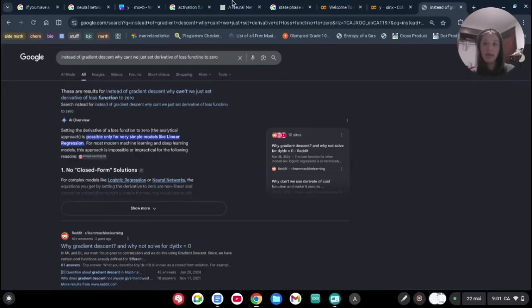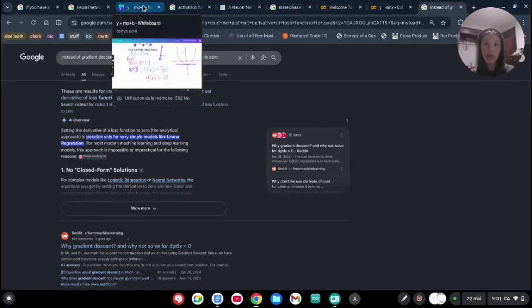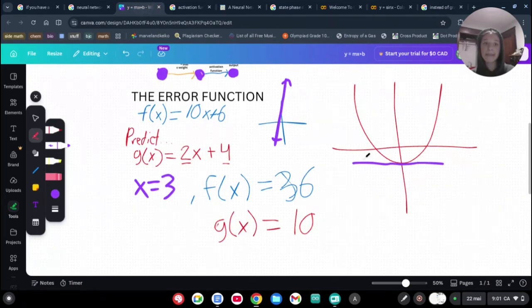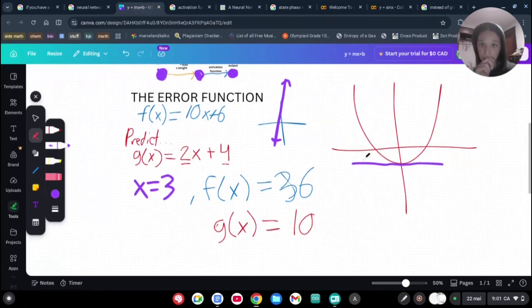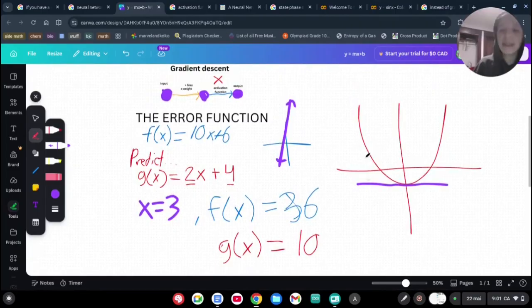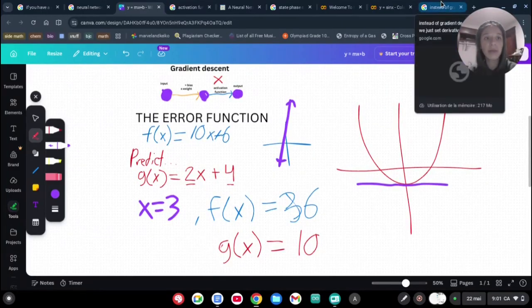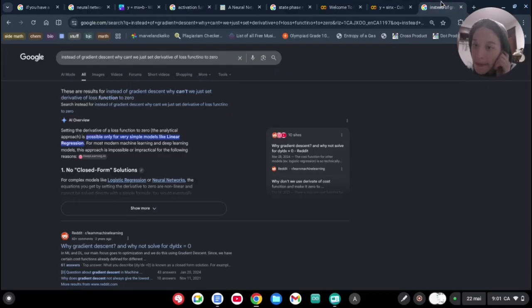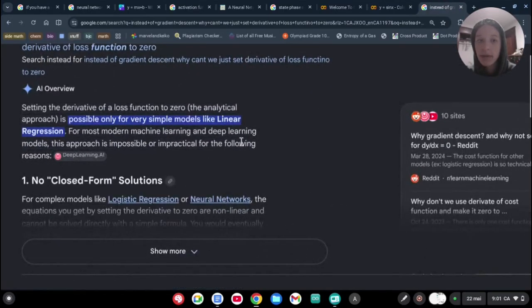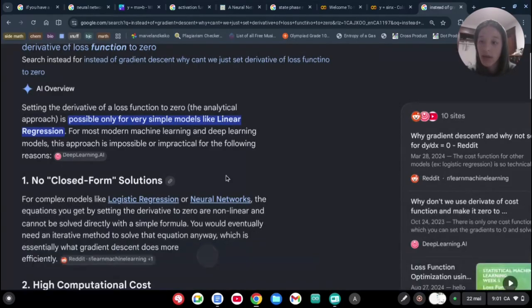I mean, yeah, given this function, it is possible, right? Because all we have is a really simple neural network, and we can use this in a second. But for most models, this doesn't work.